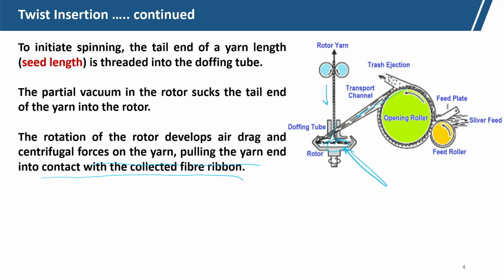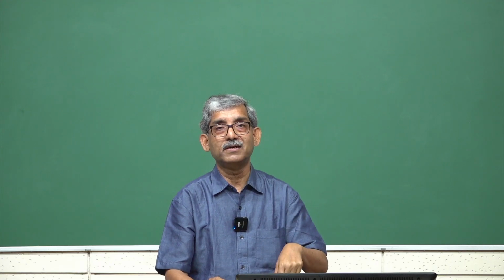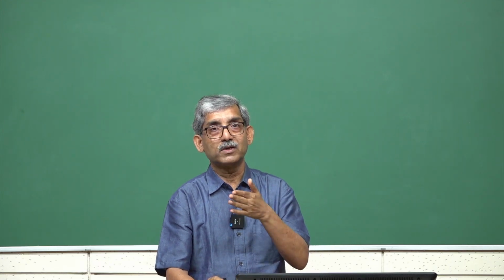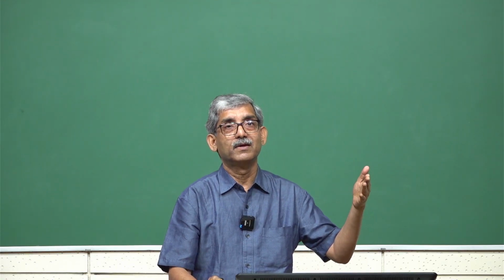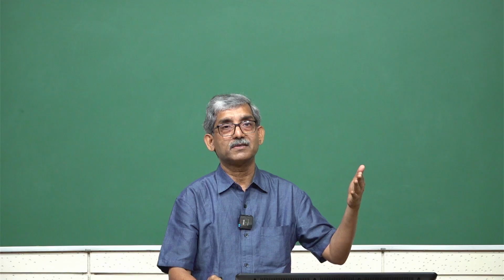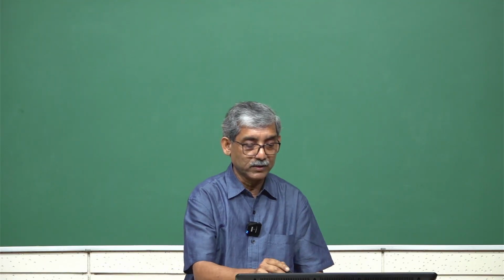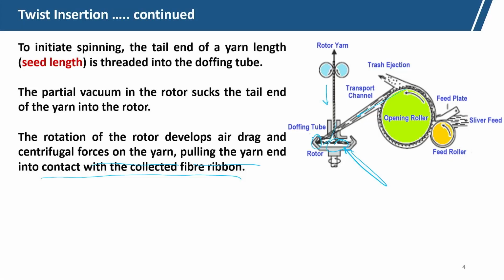So, the tail end will start rotating at very high speed. Due to the centrifugal force, it will reach the collecting surface, that is the ribbon within the rotor groove, where the fibers are already collected, and the trailing end will be in contact with those collected fibers.